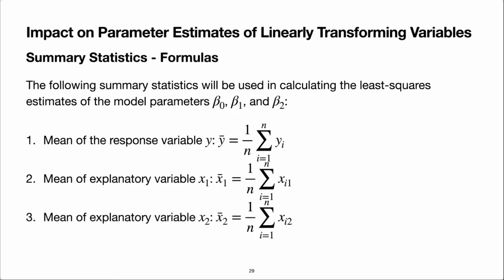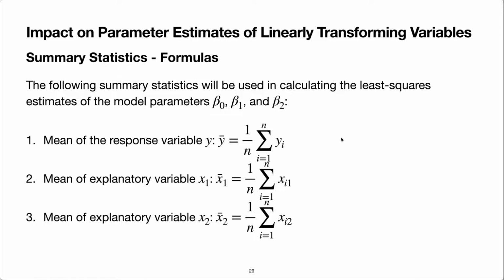The reason we're going to do this is because it's going to help us to see the impact that linear transformations on the variables have on the estimators themselves. To do this, let's look at the following list of summary statistics that are used in calculating the least squares estimators of beta 0, beta 1, and beta 2.